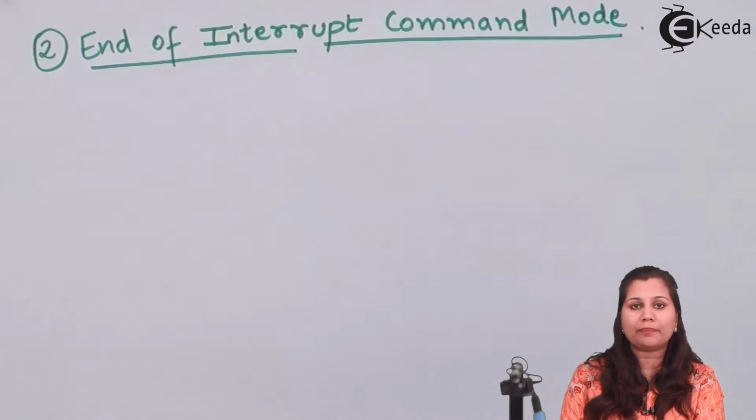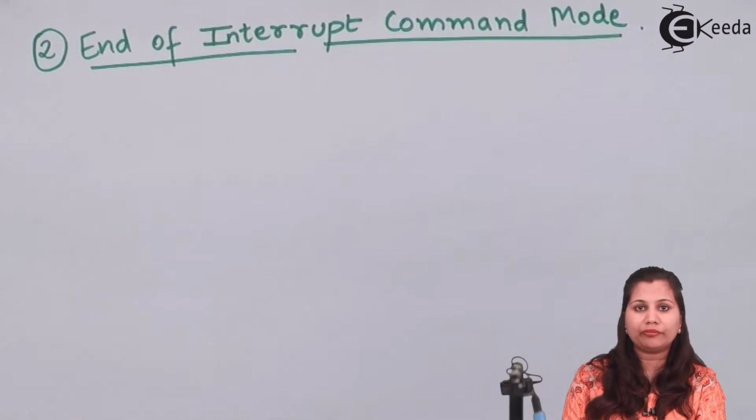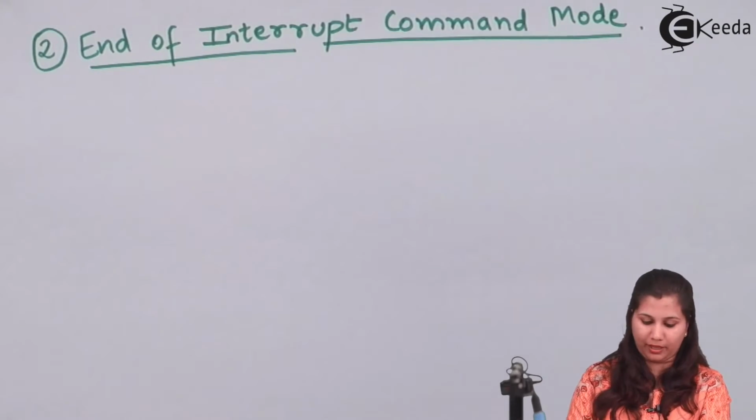Now when any interrupt request is being executed by the microprocessor and by the 8259, then the corresponding ISR bit is set. This ISR bit can be set or reset by using the automatic end of interrupt bit and also through this end of interrupt command.